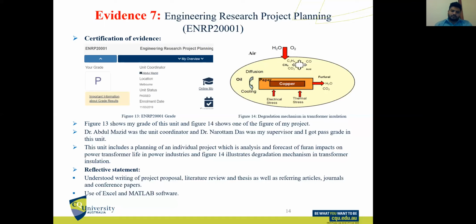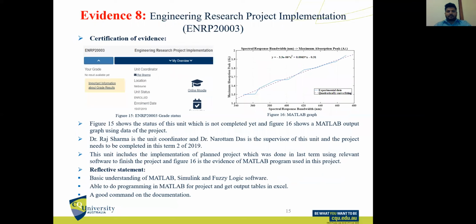While doing this unit, I understood writing a project proposal, literature review, and thesis, as well as referencing articles, journals, and conference papers. I used Excel and MATLAB software as well.